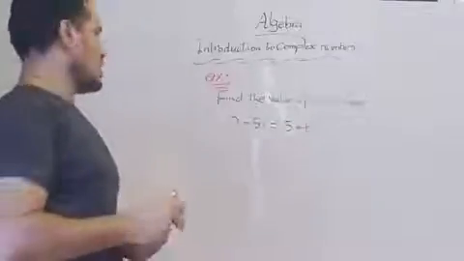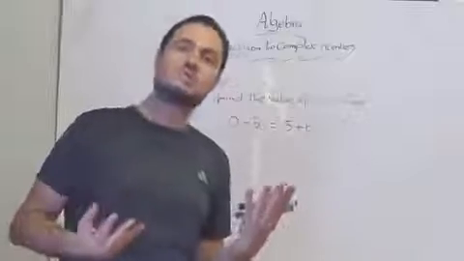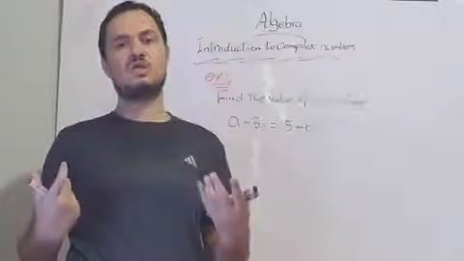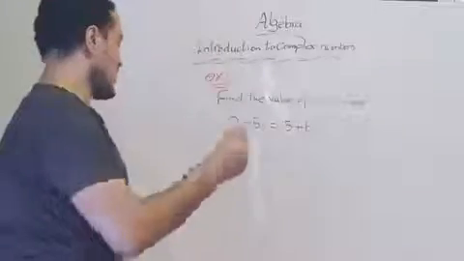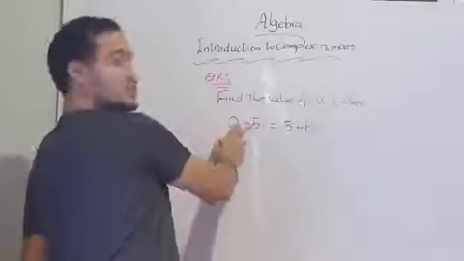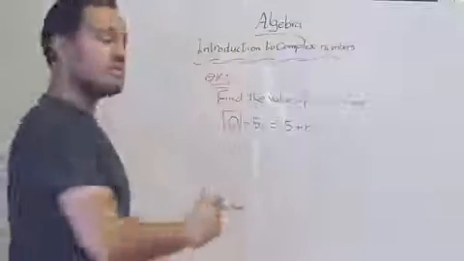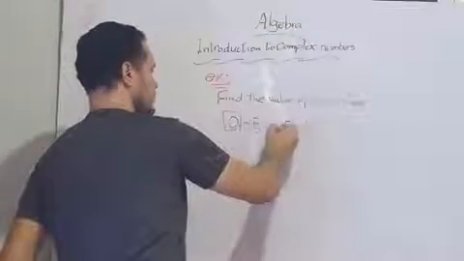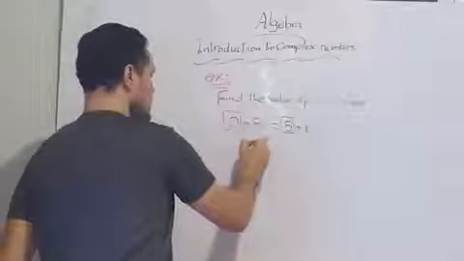Okay. The equality of two complex numbers means that the real part equals the real part, and the imaginary part equals the imaginary part, as follows. What is the real part here? It's a. But the real part on the other side is 5. So, directly, a equals 5.